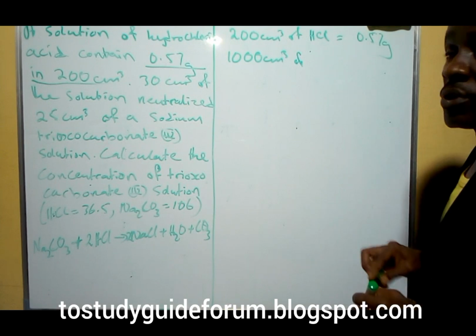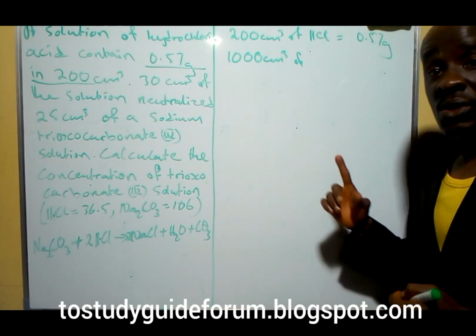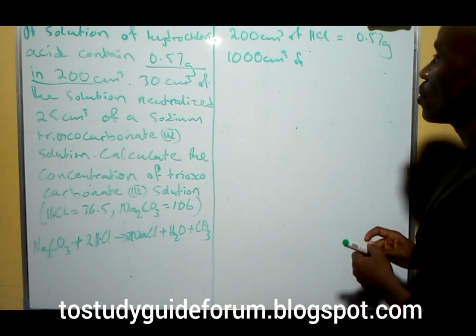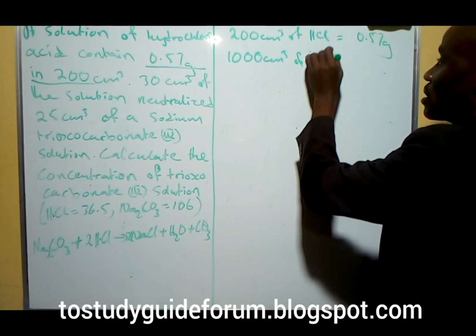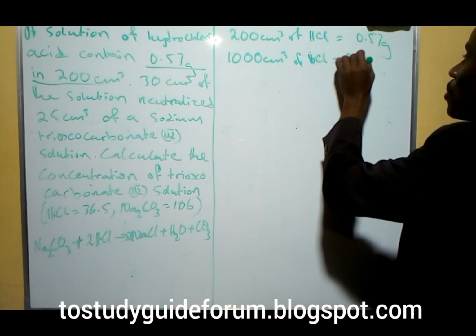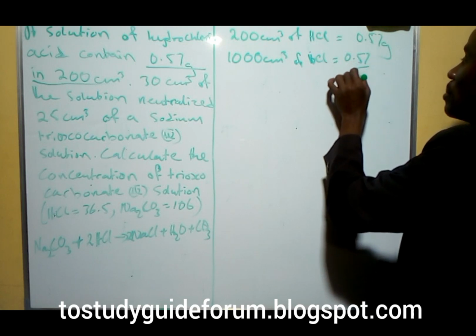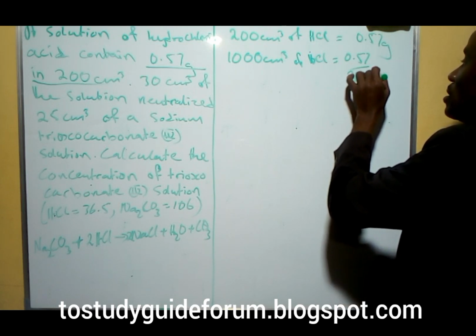We know that 1000 cm cube is the same as 1 liter or 1 dm cube of hydrochloric acid, which will then contain 0.57 times 1000 over 200.